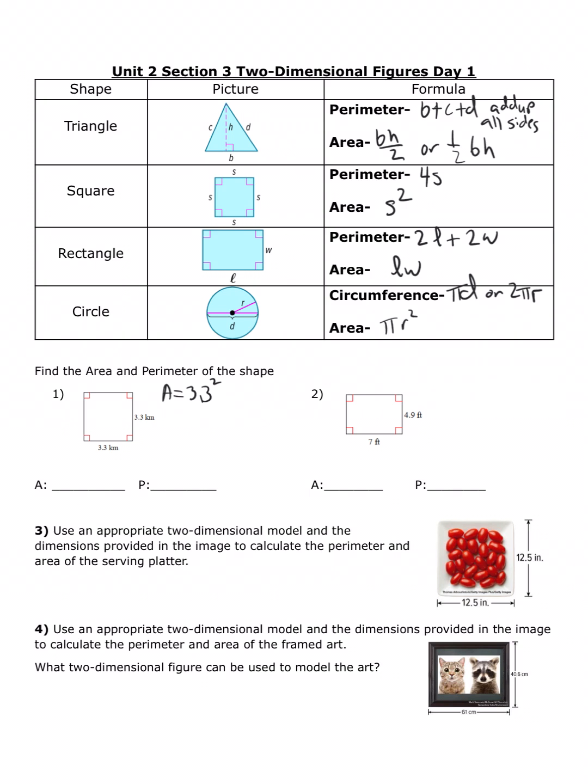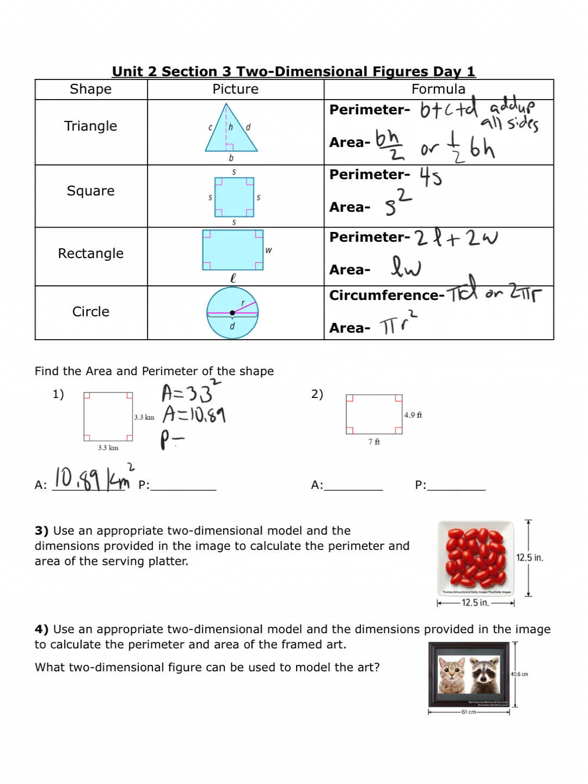So 3.3 times 3.3, and that equals 10.89. So 10.89 square kilometers. We want to make sure we put a squared on the unit. If we don't have the squared on the unit, then it's not area.